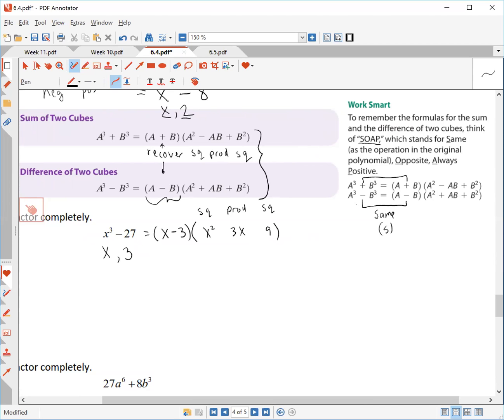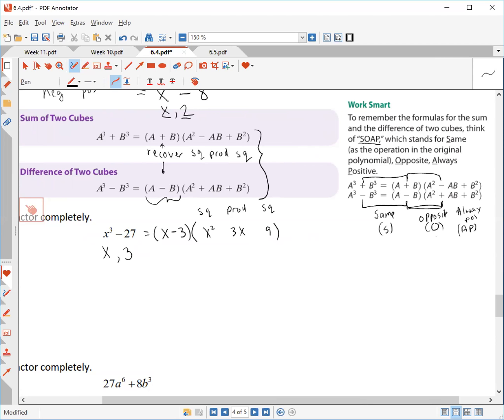If it's a minus, you use a minus. Then you use the opposite sign. So if it's a plus, now it's a minus. If it's a minus, now it's a plus. And then the last one is always positive, AP, always positive.